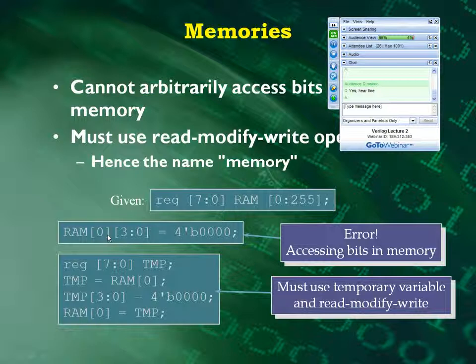So they tried to do RAM 0 and then the lower 4 bits of that. Can't do it. The way you have to do it is you'd make something, maybe a temp register. You'd assign RAM 0 to that temp register. Then you can modify the lower 4 bits of that temp register and then write temp right back out to RAM.